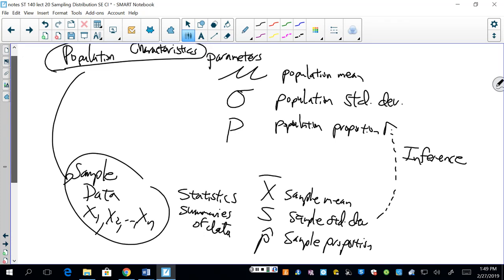Is x bar really close to mu in probability, or could it be more spread out? Right? So in that process, we're interested in the statistical side of this inference. And the key to doing these things is thinking about sampling distributions, which we're doing today.